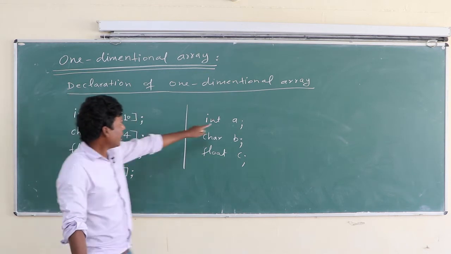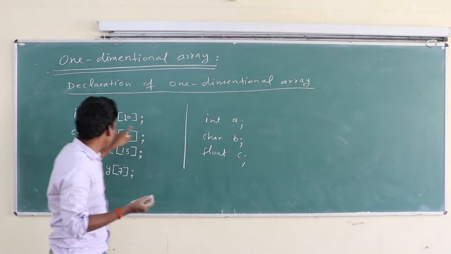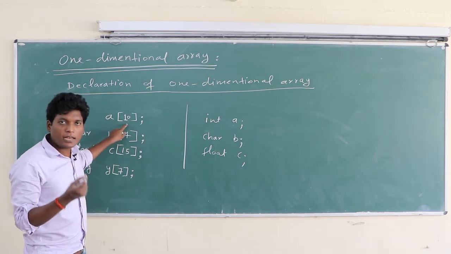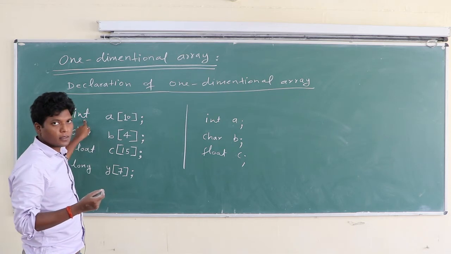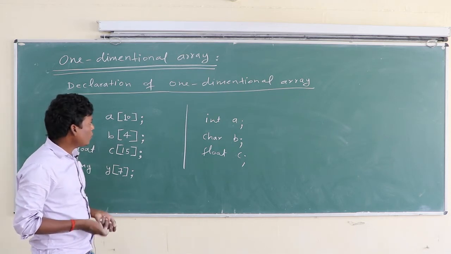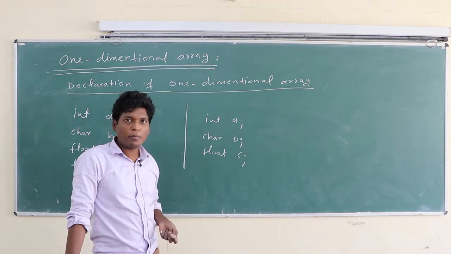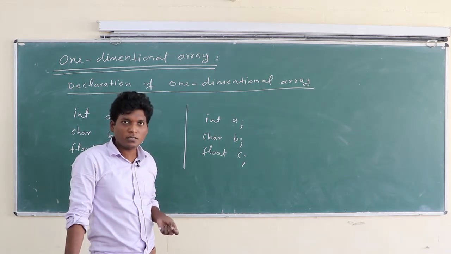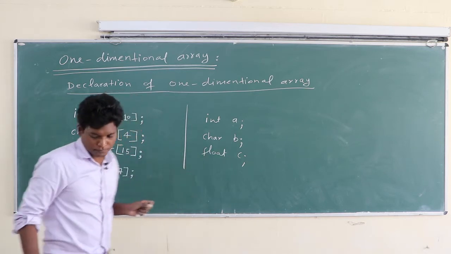Here a can store a single integer constant. Here a can store up to 10 elements of integer type. So an array can store multiple elements at the same time, and they must have the same data type.